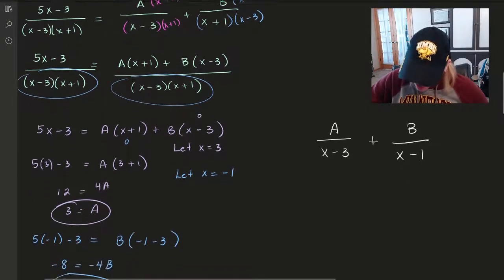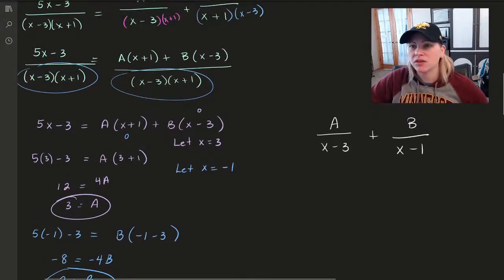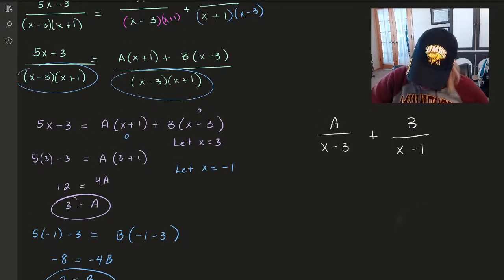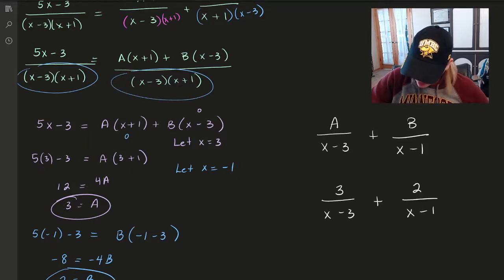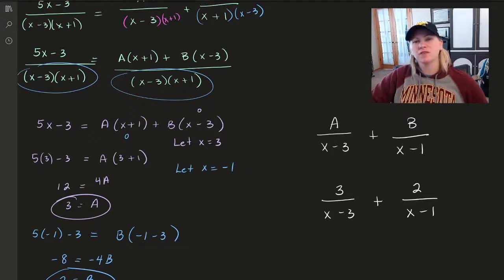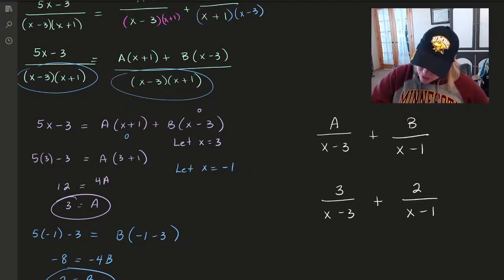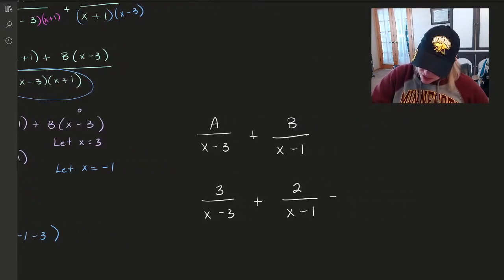Now that I know what a and b are, I'm going to put those values into that equation: 3 over x minus 3 plus 2 over x minus 1. Now what I've done is I've created an equivalent situation. This is equal to that 5x minus 3 over the original denominator.